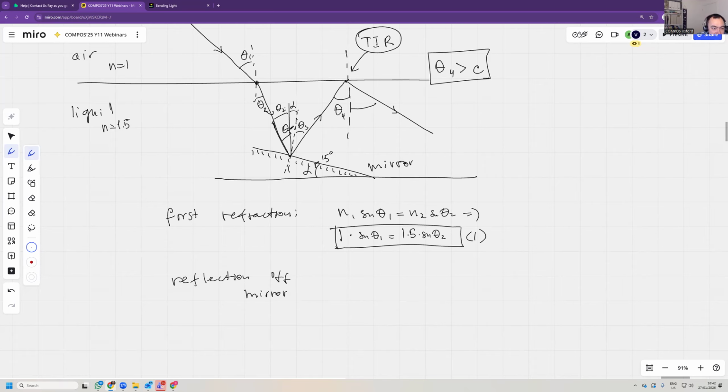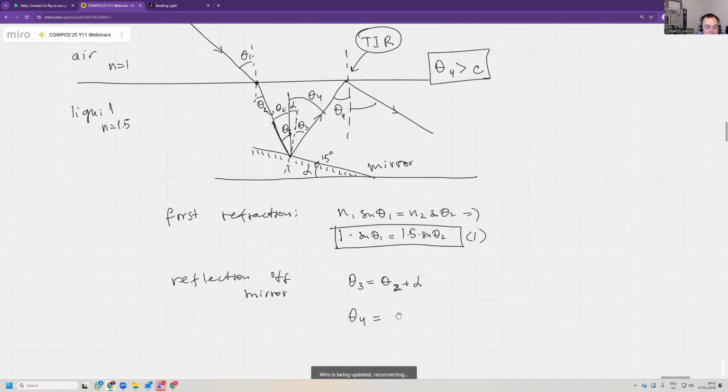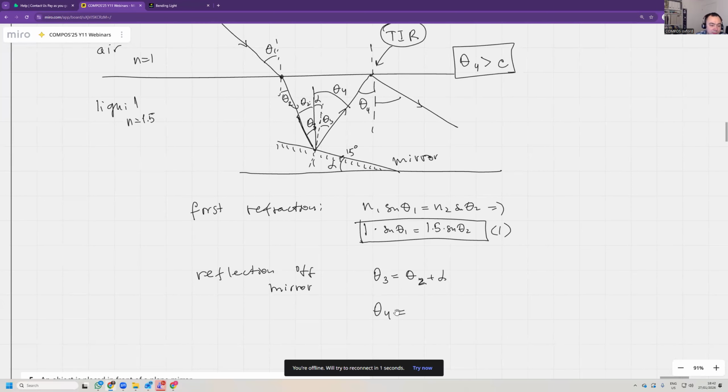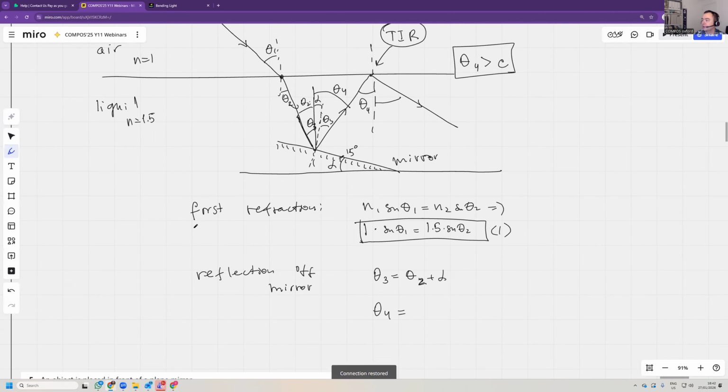So you can see that theta 3 is equal to theta 2 plus alpha plus 15 degrees. And then you can also see that this angle, theta 4, must equal... So this is a vertical line. Oh, something's wrong.